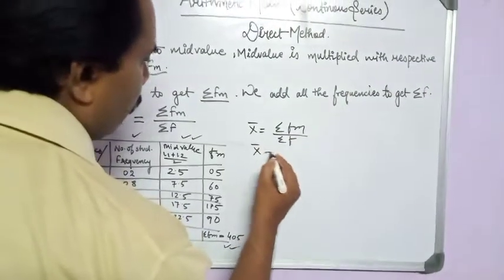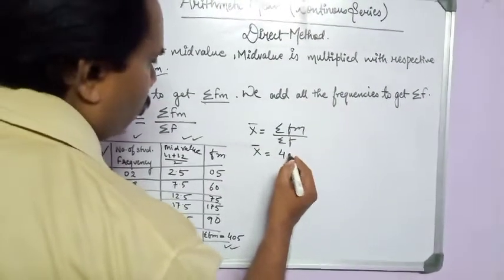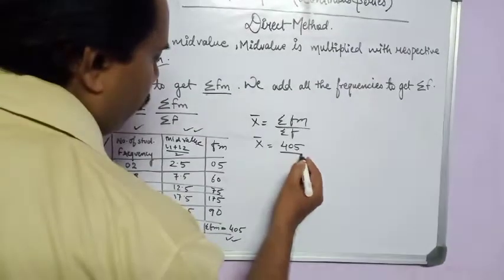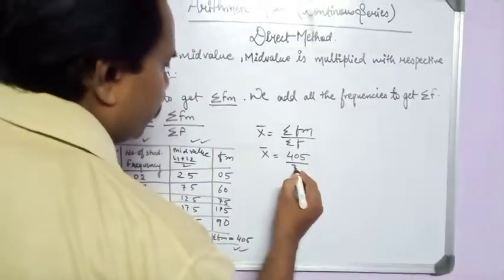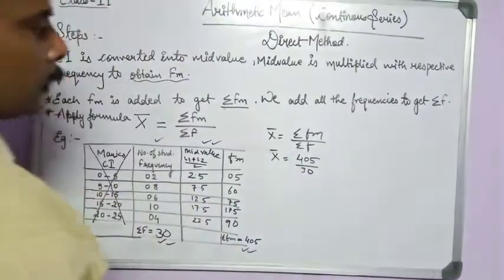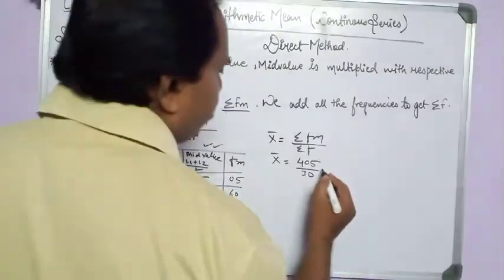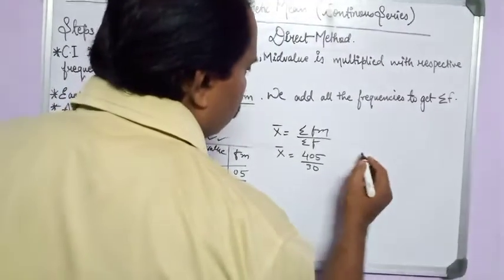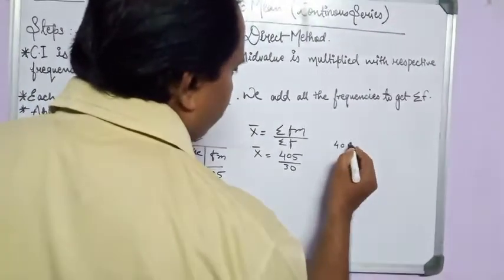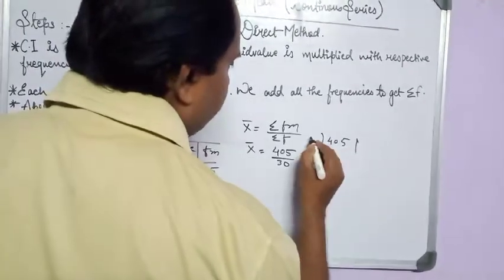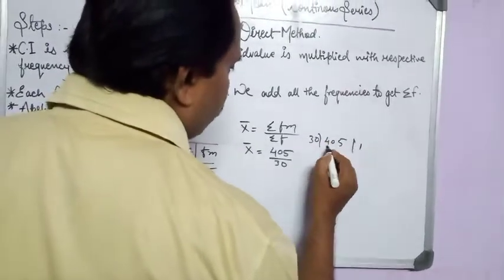So X bar is equal to 405 divided by 30. Clear? So 30 ones are 30.